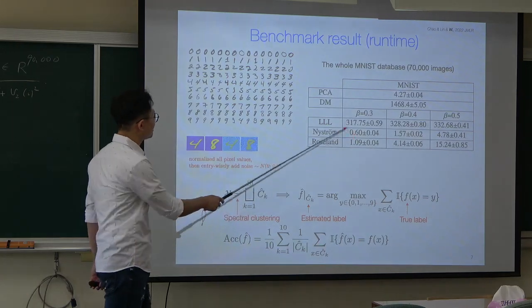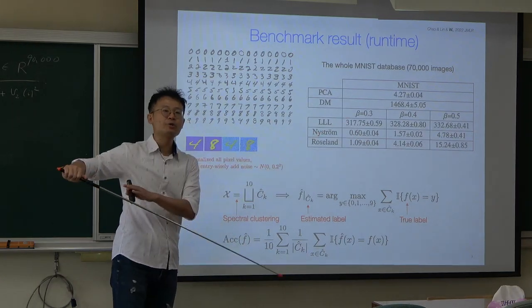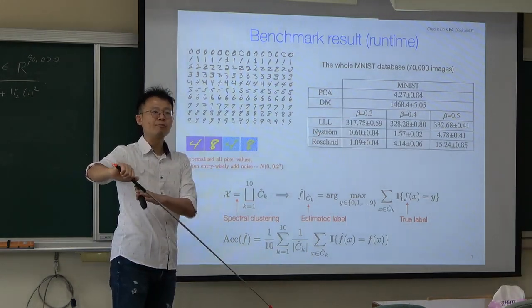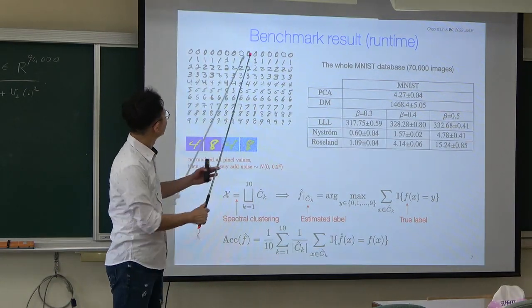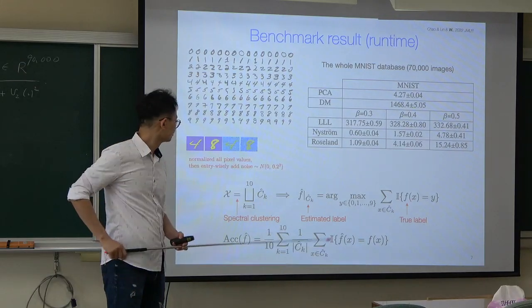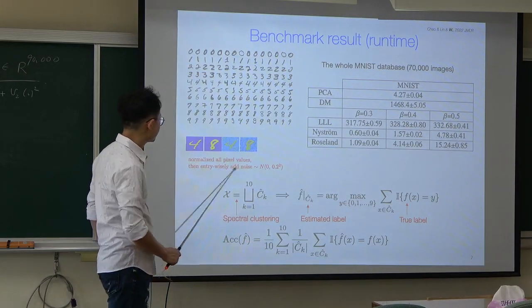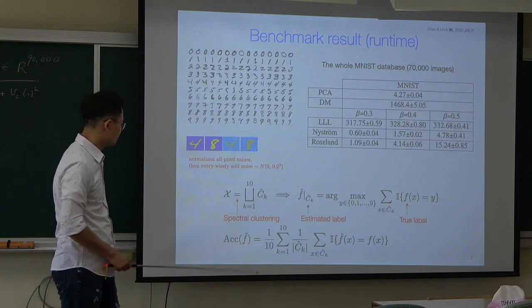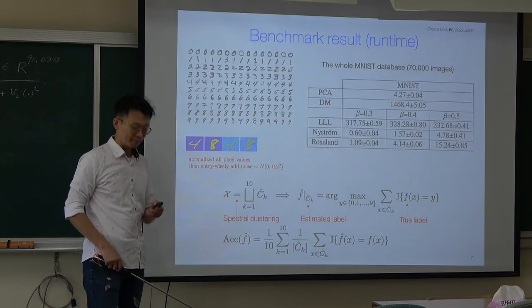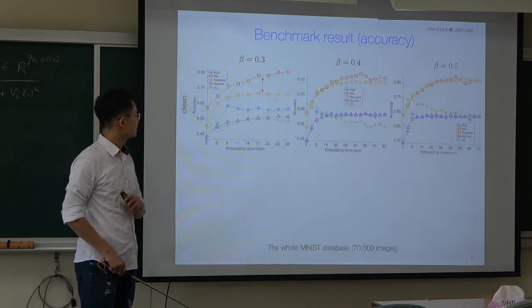And then what we do is, after the embedding, we try to determine if we can better classify or identify the number from the handwriting. Then we just use the very basic quantification that people use and report the accuracy. Now let's take a look at the result.